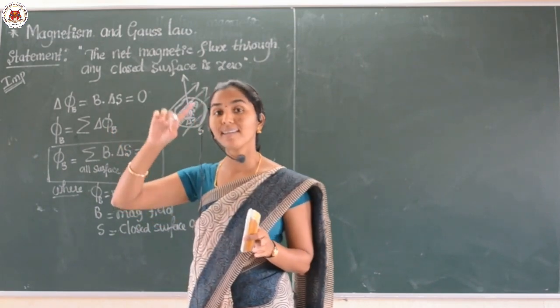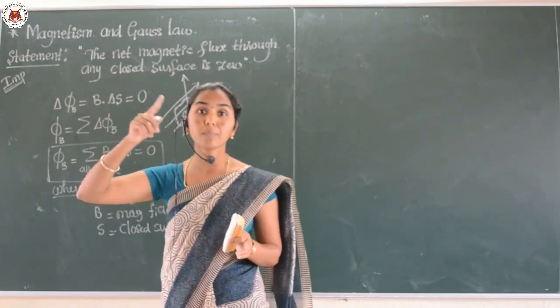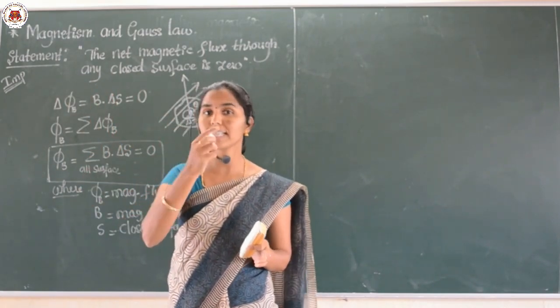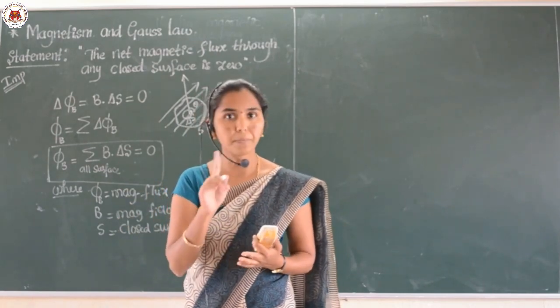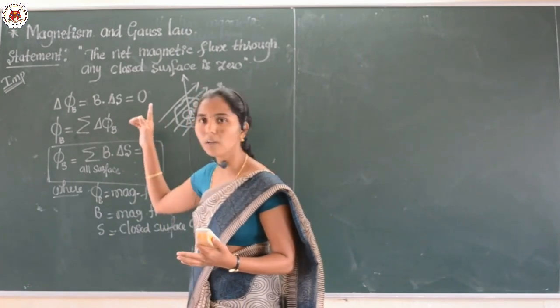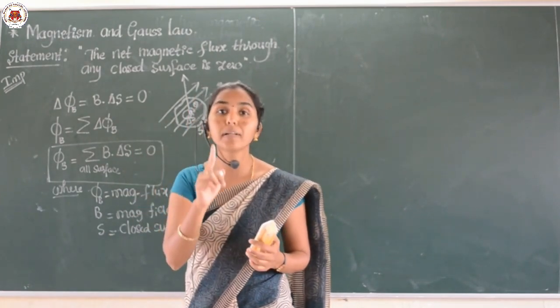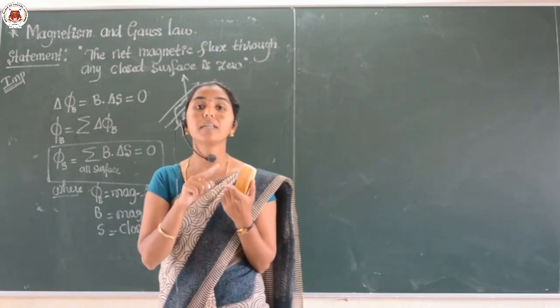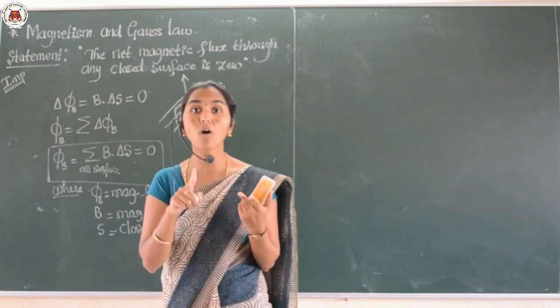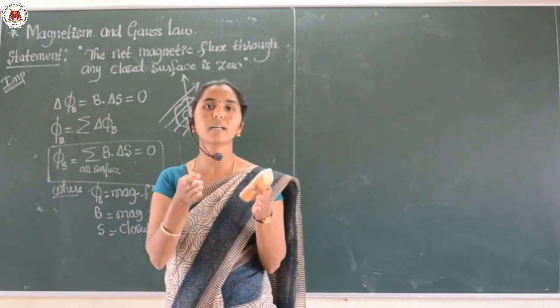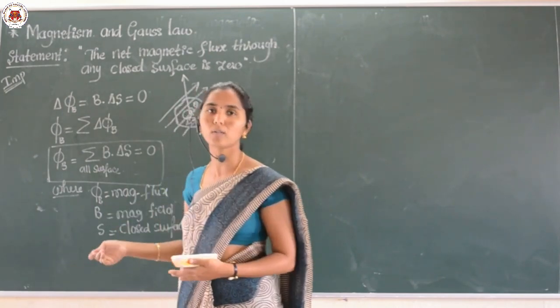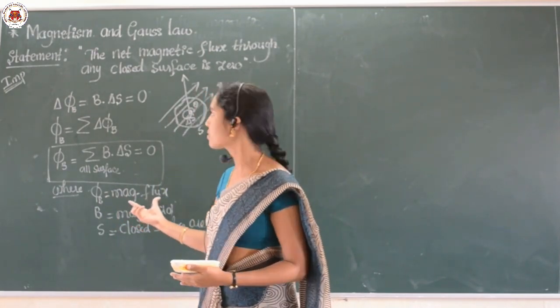But when you see electrostatics, there a mono charge, that means a single charge, may exist that can give the electric flux. But in the study of magnetism, compulsorily the dipole is required or the current loop is required.